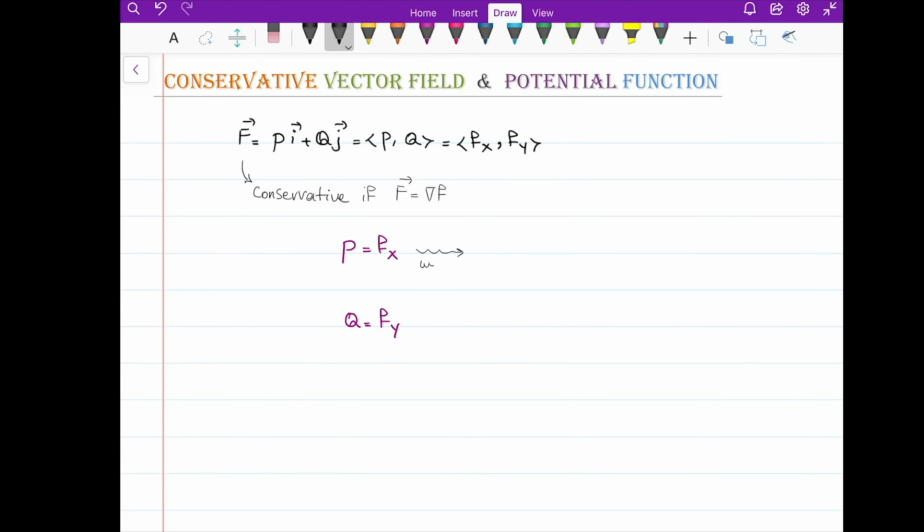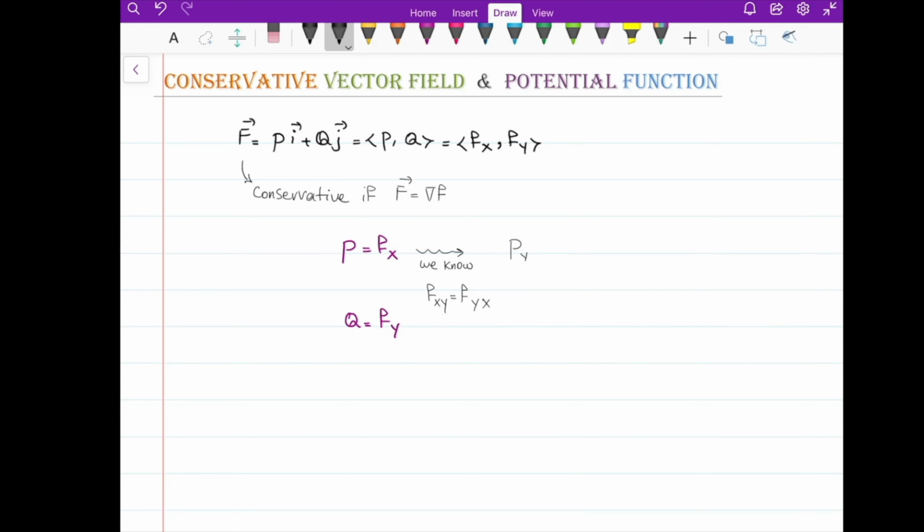Also, we know that fxy is equal to fyx. The partial derivative of f with respect to x and then y is equal to the partial derivative of f with respect to y and then x. So now let's take the derivative of the first equation with respect to y.